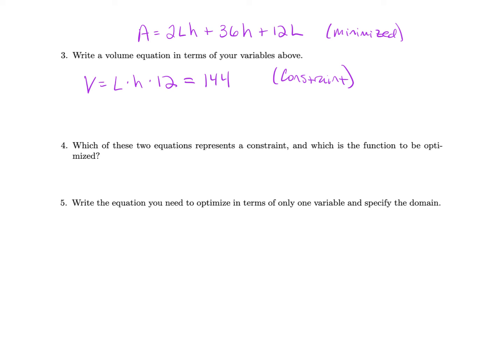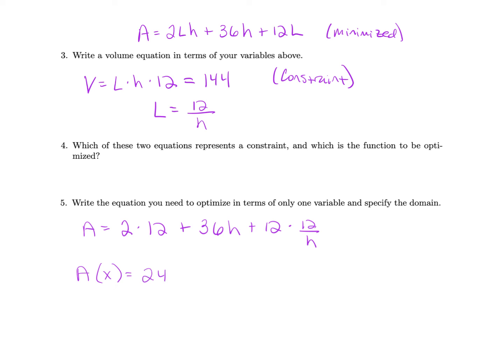Okay, well, I'm going to solve this volume equation for L, and I get L equals 12 over H. So now I can plug into my area function 2 times LH, and LH is 12, so 2 times 12, plus 36H plus 12 times L, which is 12 over H. Okay, so area is 24 plus 36H plus 144 H to the negative 1.